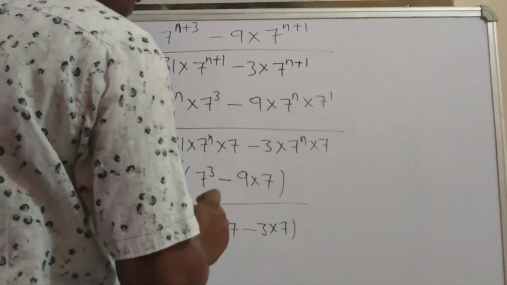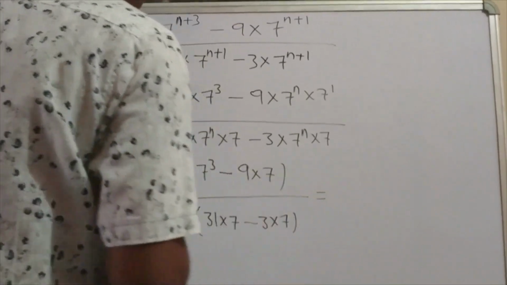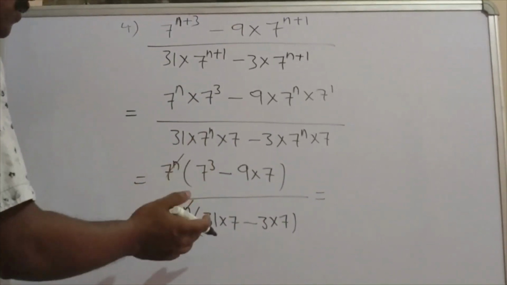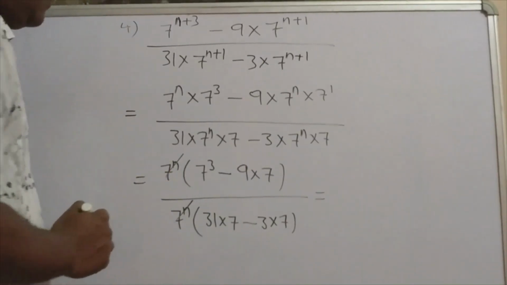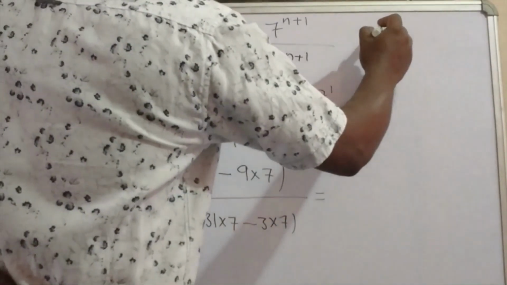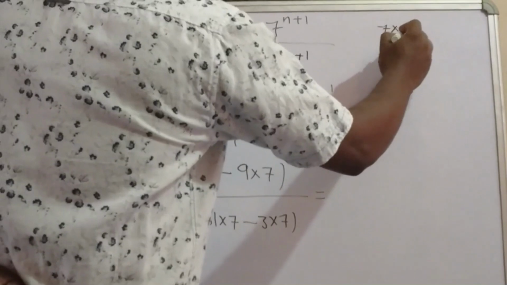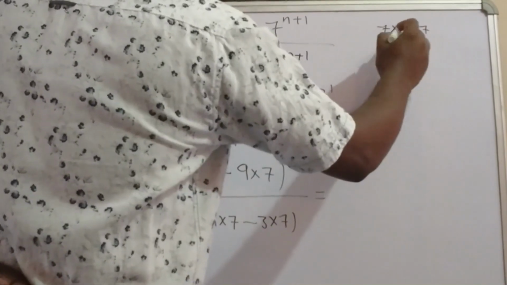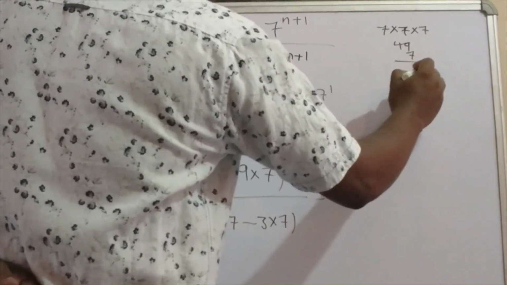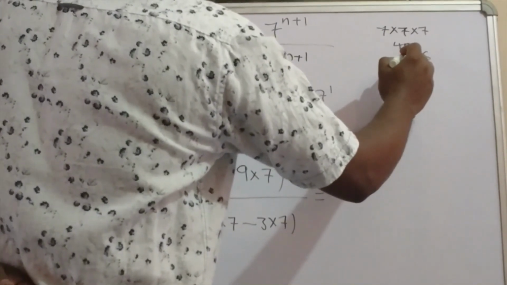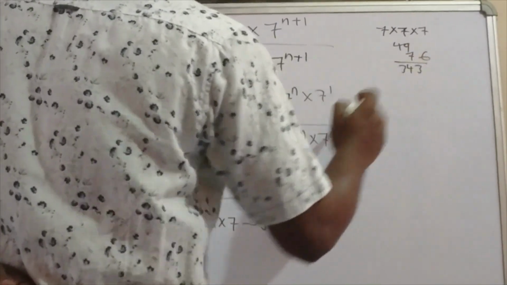So you can easily solve. So 7 to the power 3, space is not there, that's why I am writing here, but you have to write step by step down. 7 to the power 3, 7 into 7 into 7. So 7 into 7, 49, 49 into 7, 343.